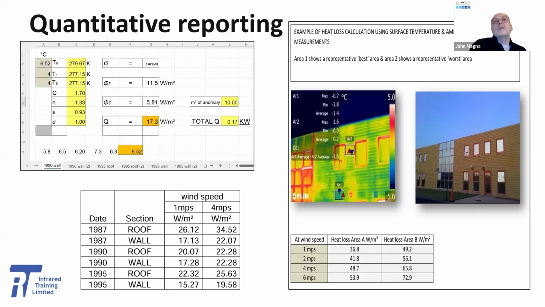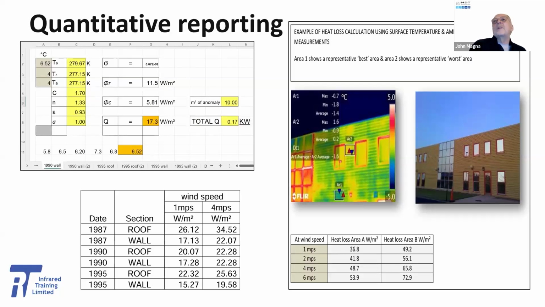However, from data supplied by the local meteorological service, it was determined that the average annual wind speed where this building is located is 4 meters per second, which would of course increase the heat loss under such conditions. Therefore, a second set of data was produced to reflect this. The 3 different stages of the development were imaged.